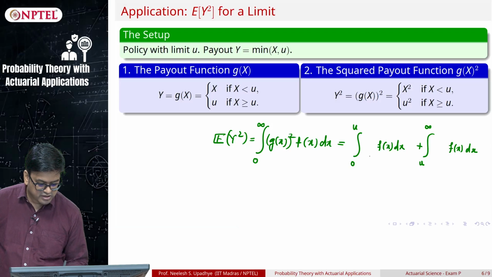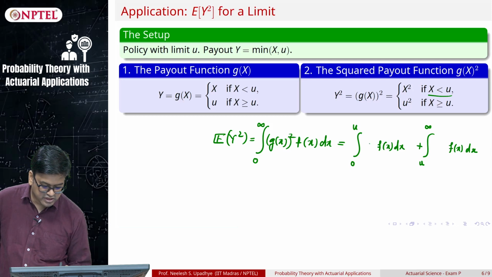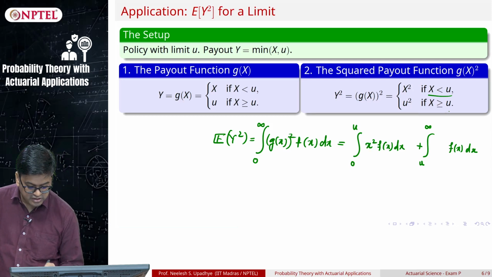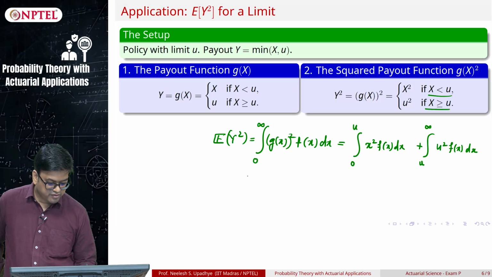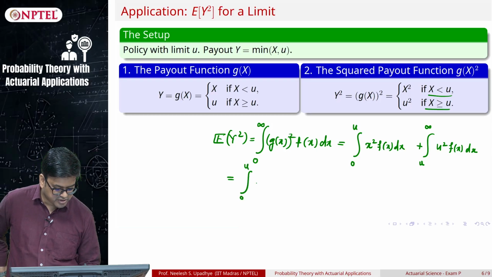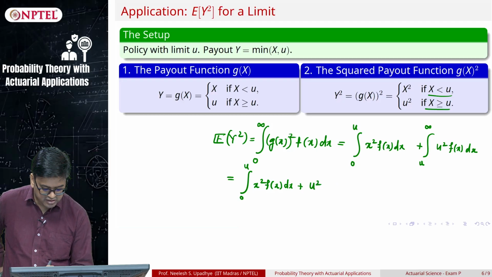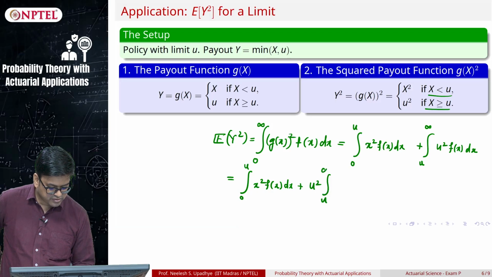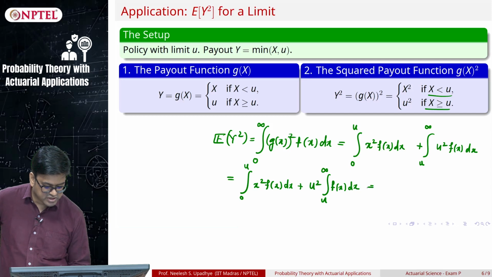This will be simply integral 0 to u. So, in this range from 0 to u, this is x squared. So, I have x squared here, and for x greater than or equal to u, I have u squared. However, this first integral will remain as it is, there is no question about it. So, it is x squared f(x) dx, but the second integral, if you look at the integrand, that u squared is a constant. So, it will be thrown out and this is integral u to infinity f(x) dx, but this is similar to what we did with policy limits, right.